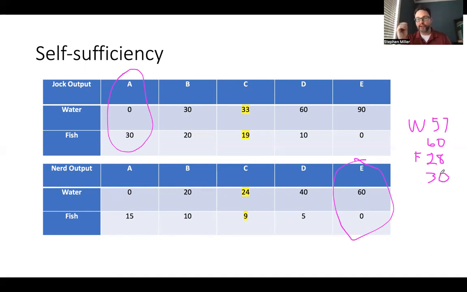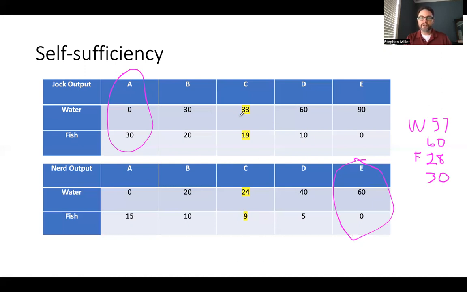And that surplus, the extra water and the extra fish, could be split between them somehow, so that the jock maybe has, instead of 33 liters of water that he would be able to get on his own, maybe he has 34 liters of water or 35 liters of water. And the nerd is able to have more fish than he might have.